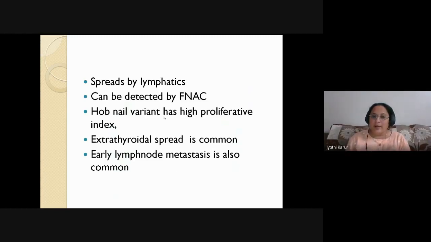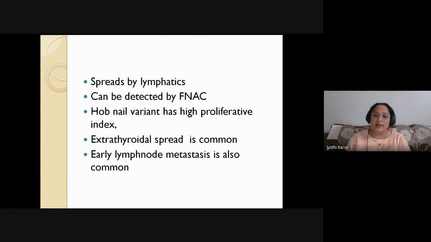It predominantly spreads by lymphatic route. Papillary carcinoma spreads by lymphatic route and it can be detected by FNAC, because of the future carcinomas which we are going to learn, majority of them cannot be diagnosed by fine needle aspiration cytology. So the beauty of papillary carcinoma is it can be very nicely picked up by FNAC.